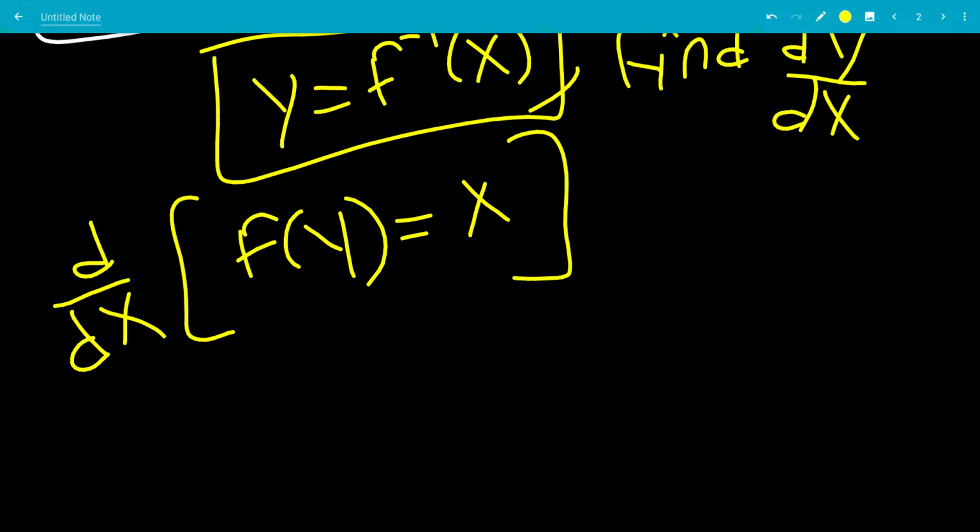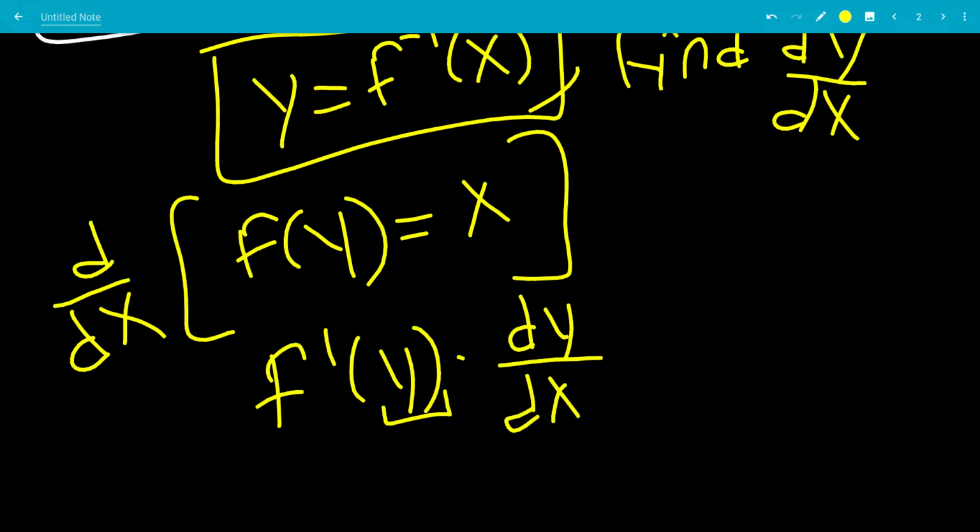This is pretty important, because if you do the derivative of f of y, it will be f prime of y, but times the derivative of the inside with respect to x, which is dy/dx, and that's what we're finding. On the right-hand side, the derivative of x is 1.